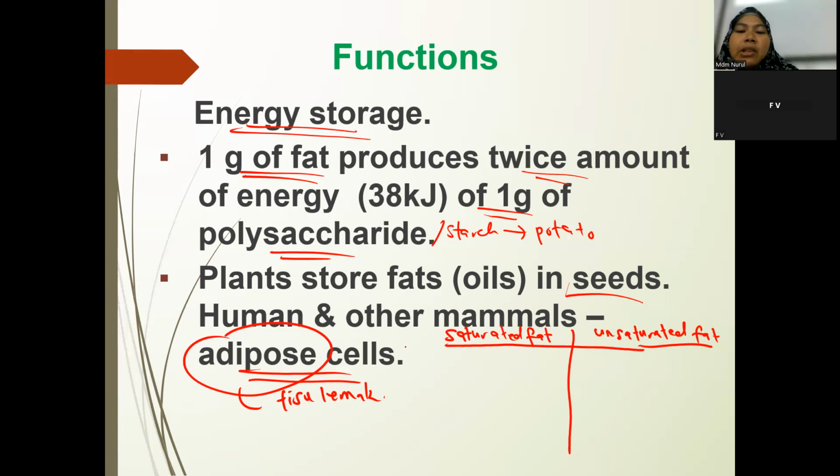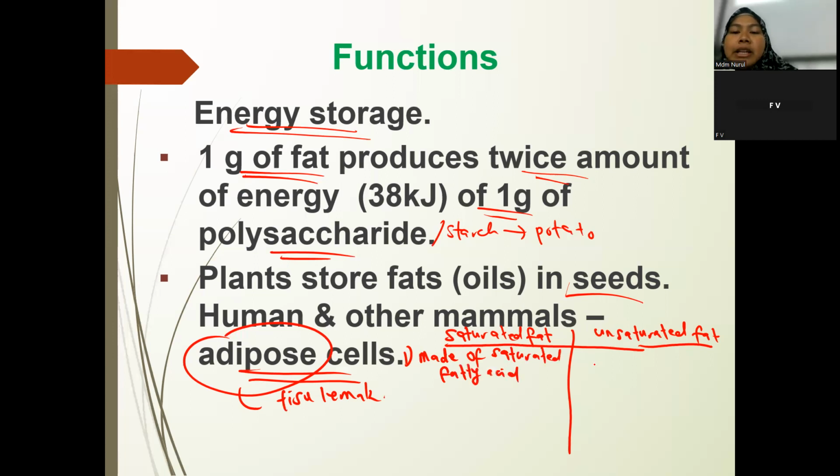Nombor 1. Apa dia? Saturated fat made of lemak tepu terhasil daripada fatty acid yang tepu. Okay. Made of saturated fatty acid.